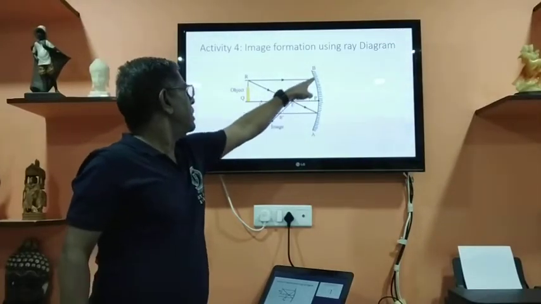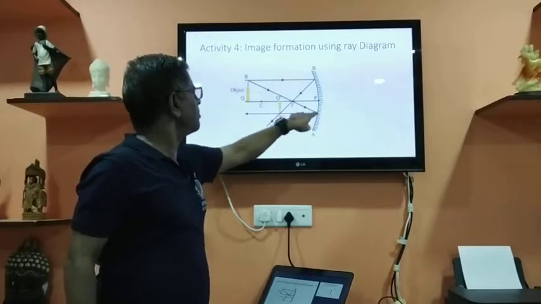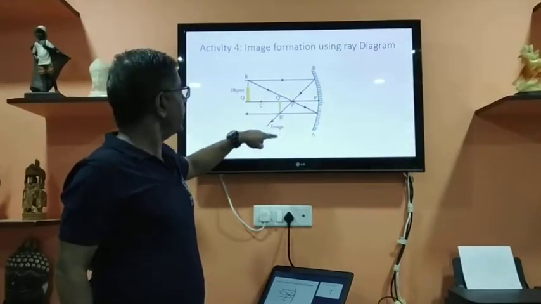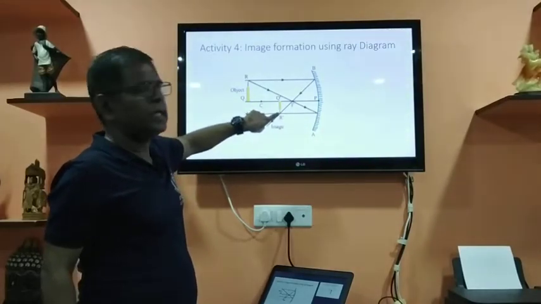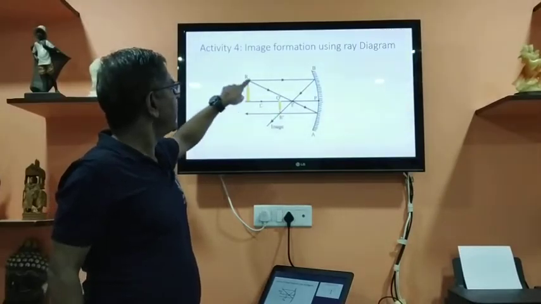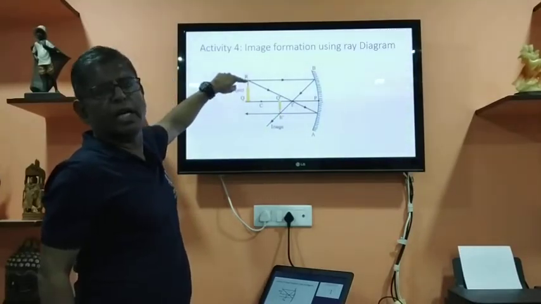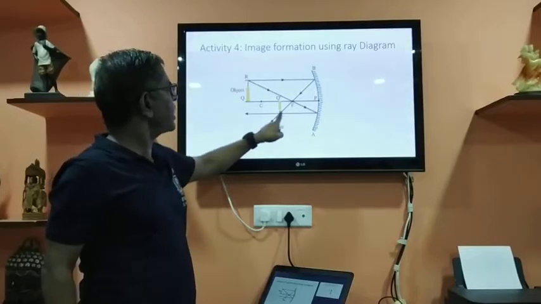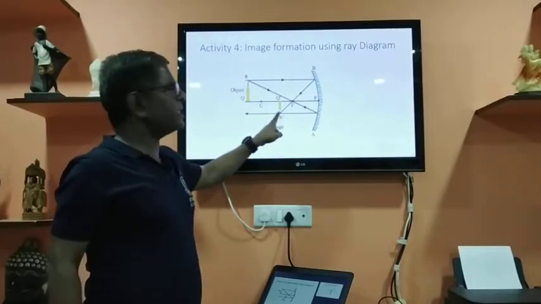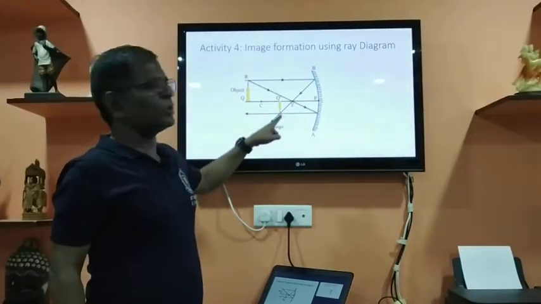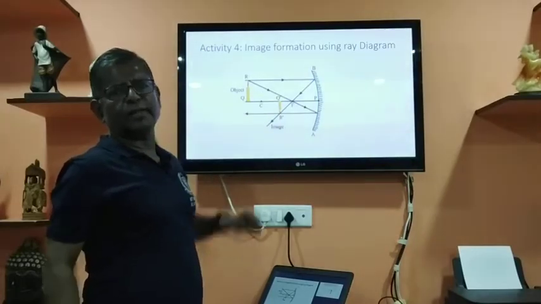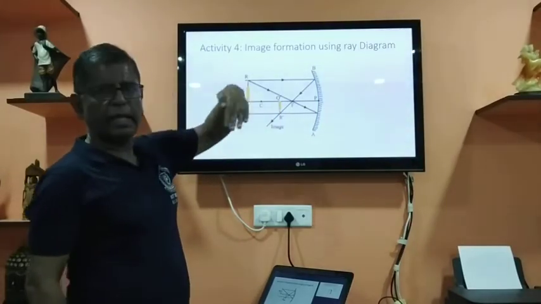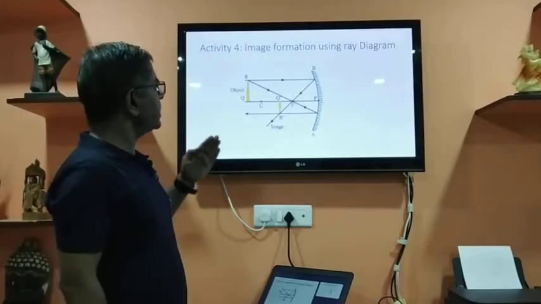Now you have line number 1 and line number 2. They are meeting at the point R dash. So this R dash is the image of the tip of the flame. Now you draw a perpendicular from this to the principal axis. So this becomes the image. Now you find that the image is inverted. That means the image is real.